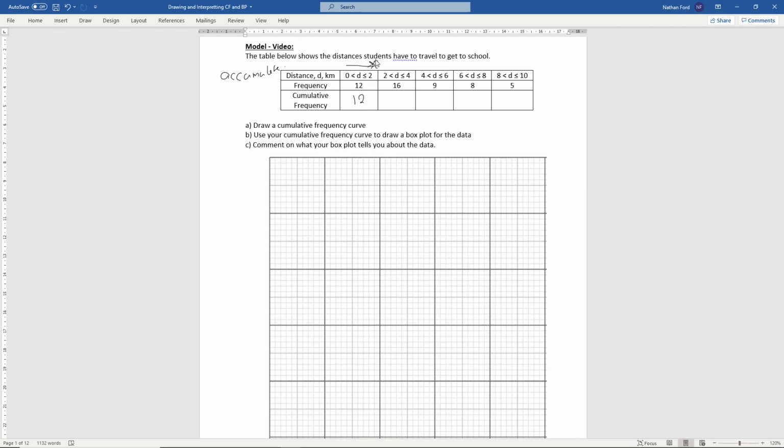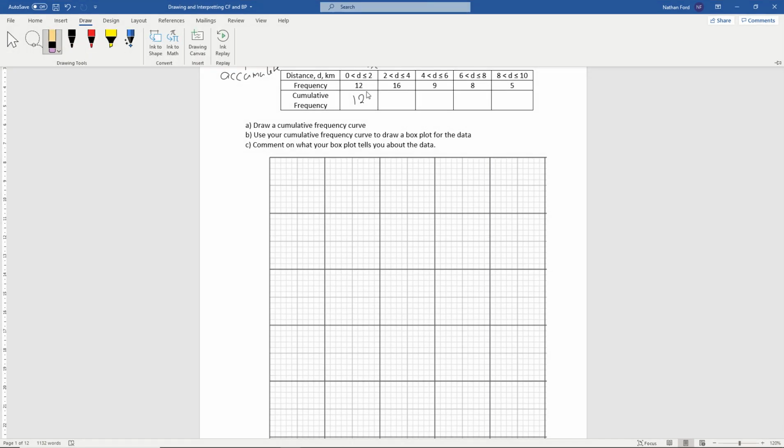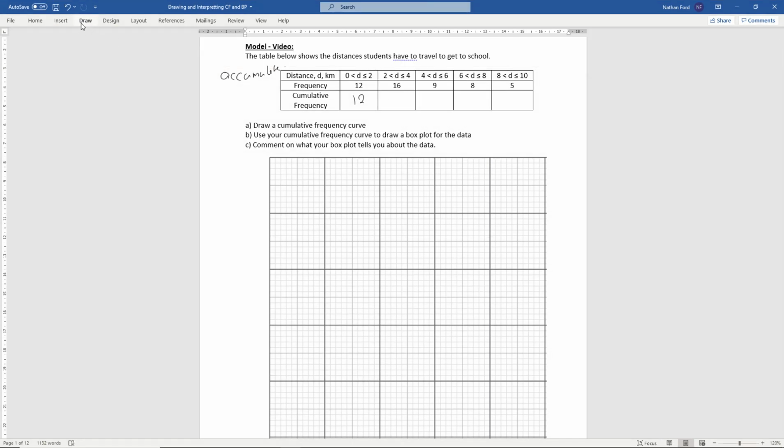Now, that's all well and good for the first one, but once we go to the next one, all the way up to 4 kilometers, there's actually going to be 12 plus 16, which is 28 people. So that's why cumulative frequency is called cumulative. It's the accumulating frequency as we're going up.